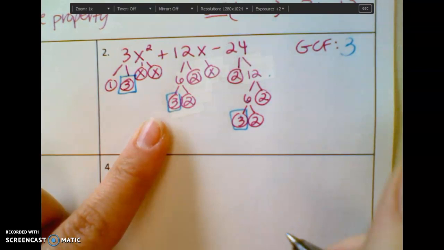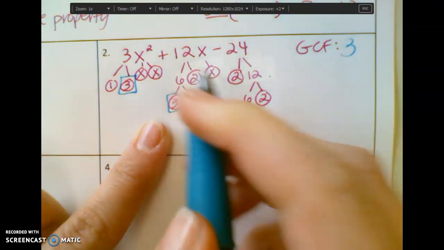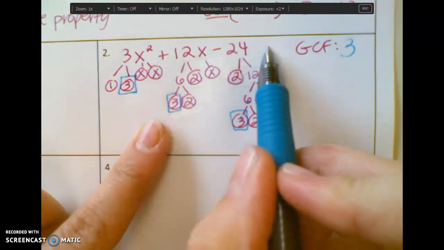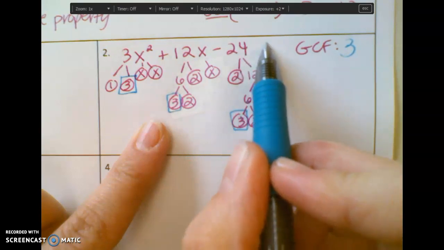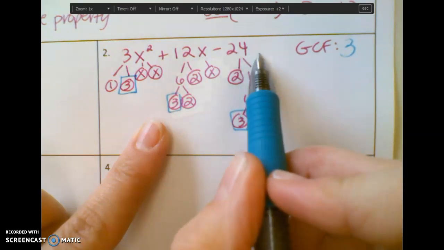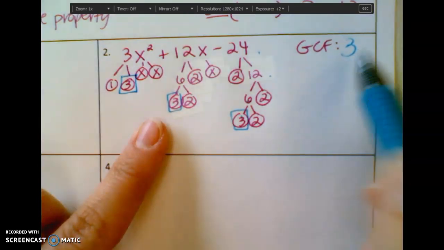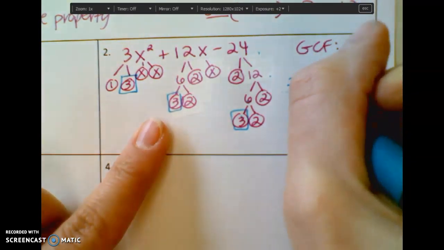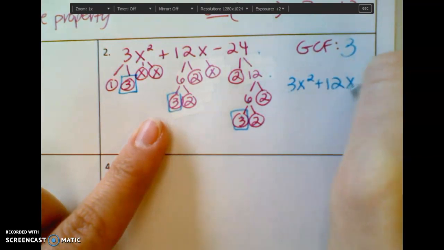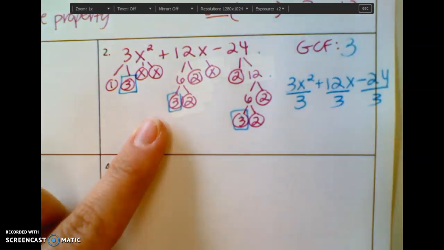Our GCF is just 3. One way we can look at this and know about the x's is take the one with the lowest amount of x's. This one has no x's, so I can't take any x's out of all of them. So my GCF is 3, so now we're going to take our original problem and divide it all by 3.